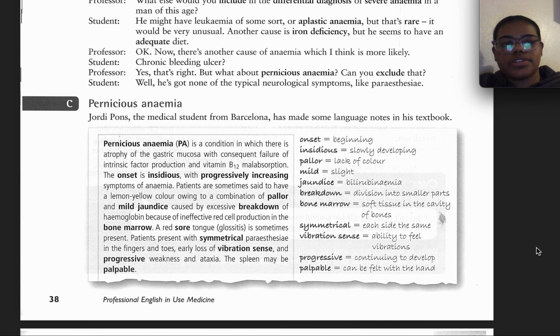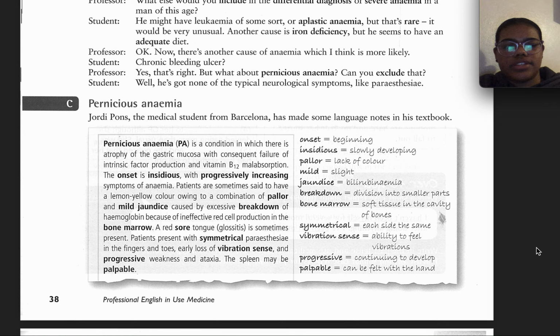C. Pernicious anemia. Jordi Pons, the medical student from Barcelona, has made some language notes in the textbook. Pernicious anemia (PA) is a condition in which there is atrophy of the gastric mucosa with consequent failure of intrinsic factor production and vitamin B12 malabsorption.